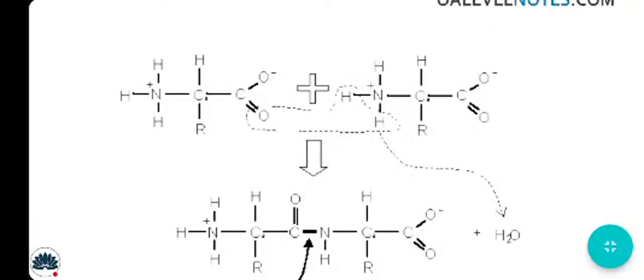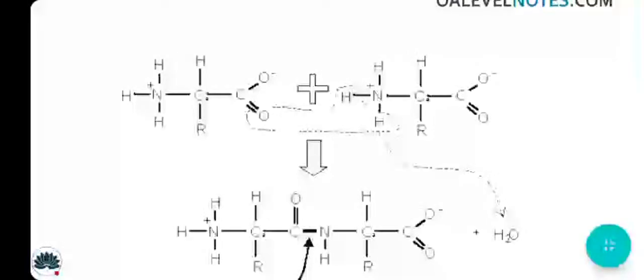The carboxyl group of one amino acid reacts with the amine group of another. From the amine group, a hydrogen is taken, and from the carboxyl group, the hydroxyl group is taken.